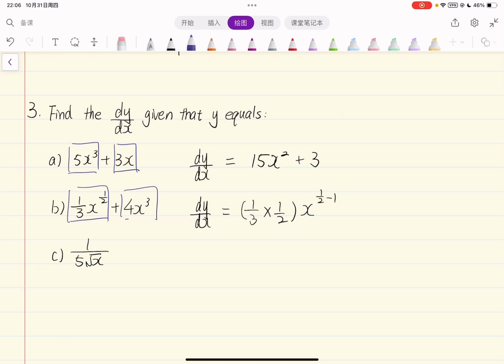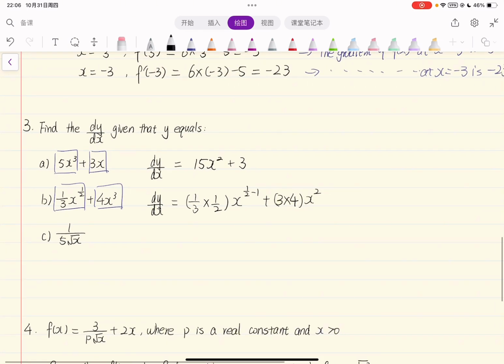For the second term, we have 3 times 4 times x to the power of 2. In this case, we have 1 over 6 times x to the power of negative half plus 12 times x squared.